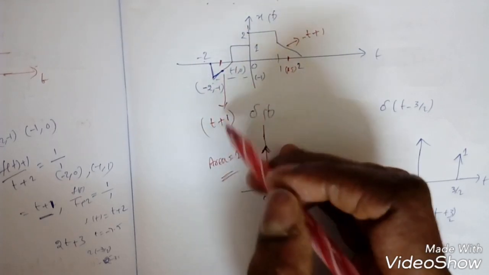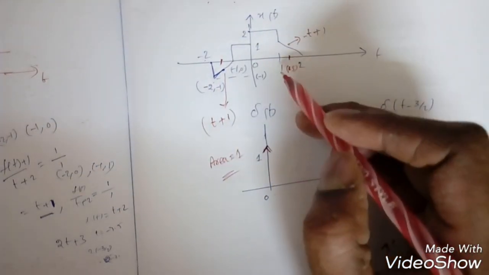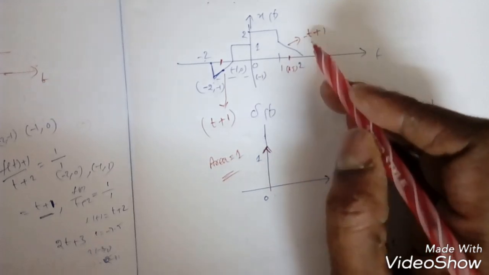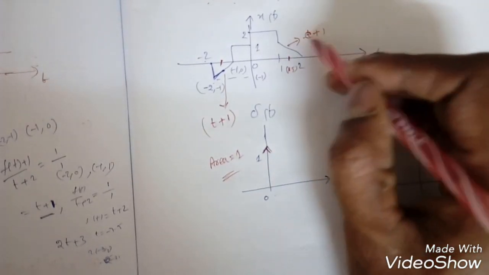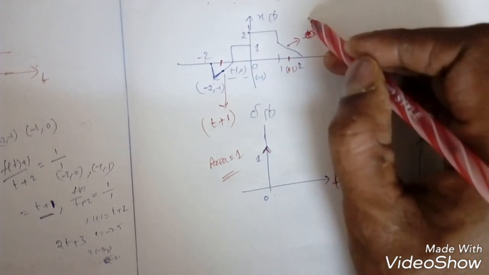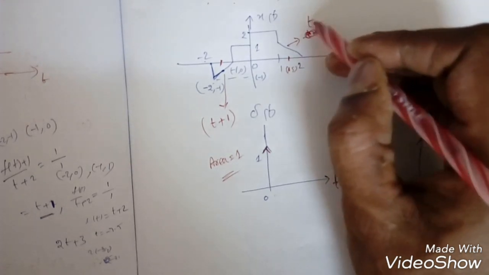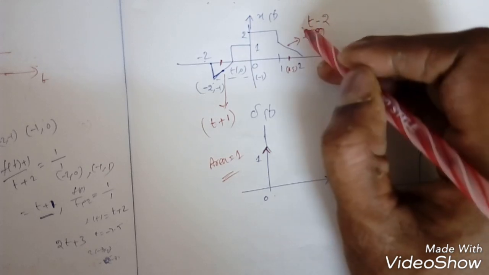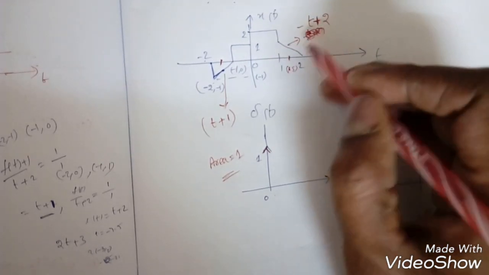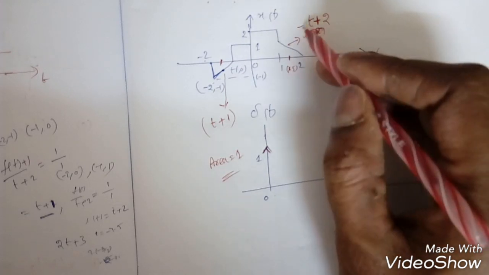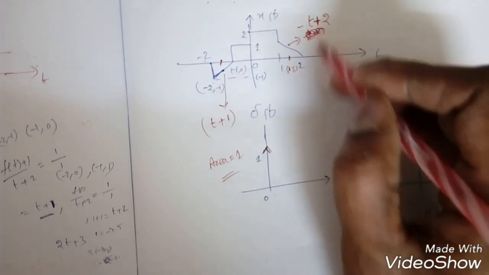If I substitute minus 1 here, t plus 1 will become 0. If I substitute 1 here, minus t plus 1 will become 0, so it's not the correct way. If this is minus t plus 2, right?